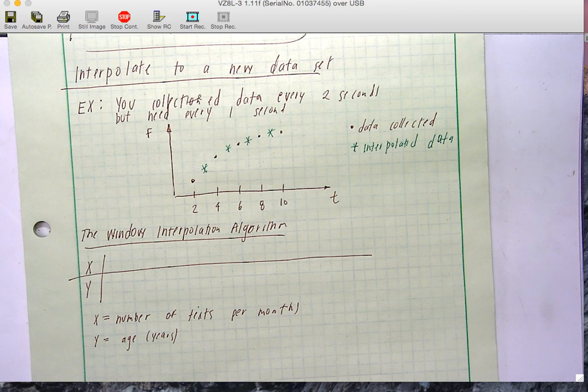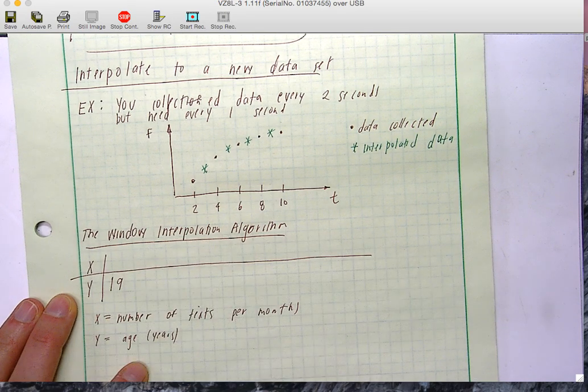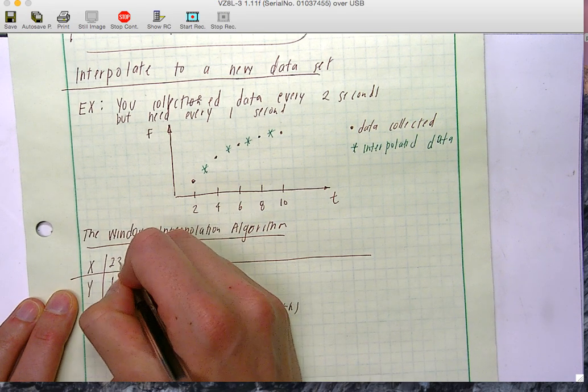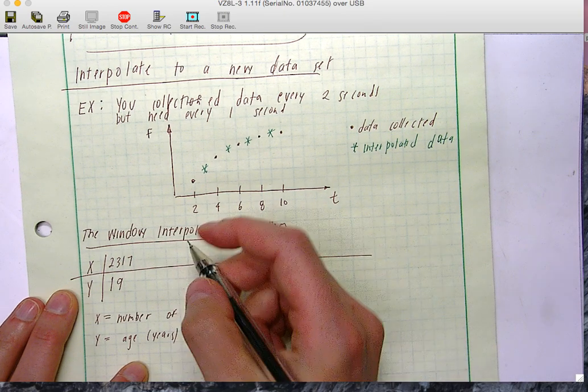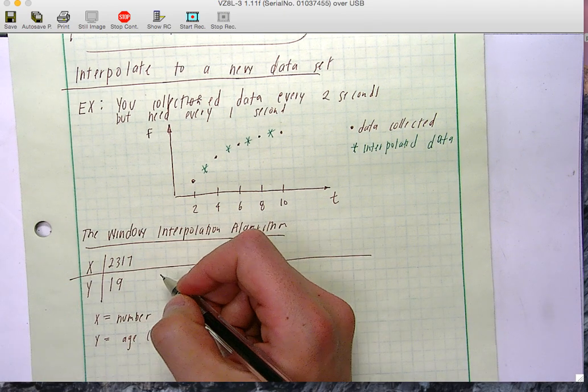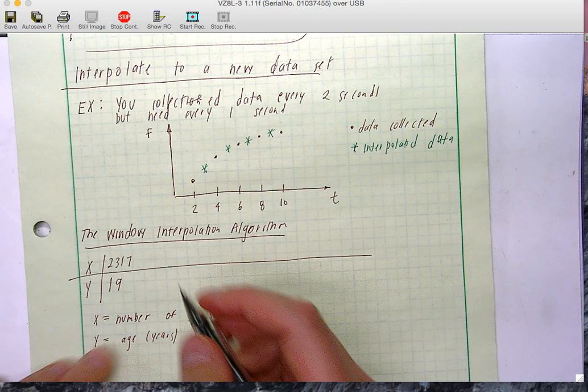And so, for example, there's a 19-year-old piece of data who sent 2,317 texts per month. And so the idea is, could we approximate or estimate someone's age or someone's number of texts based off of their age using this data?